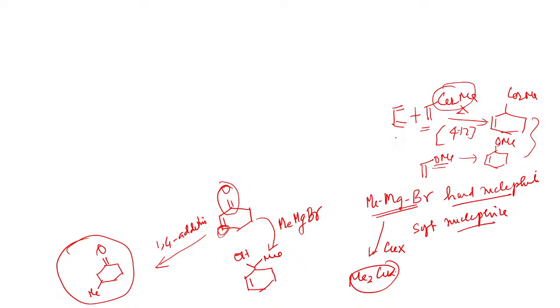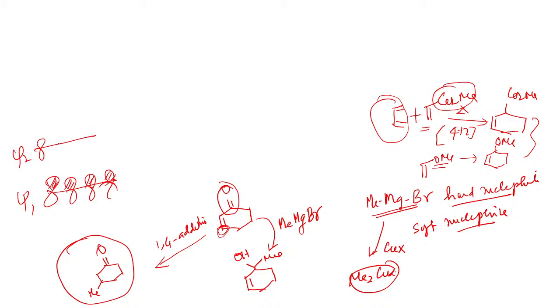However, if you look at the HOMO-LUMO of this, for example, if you take the HOMO of this diene, you can write like this. This is I1. This is I2. This is a HOMO.